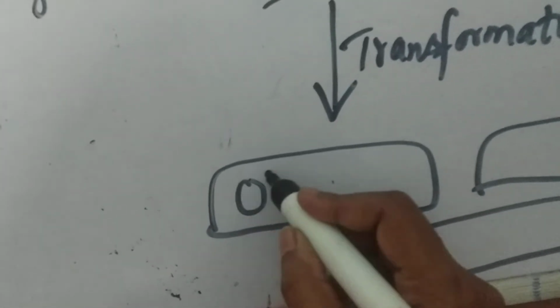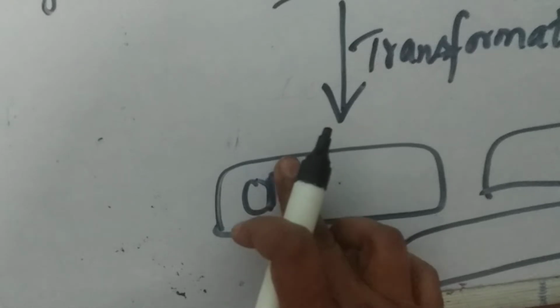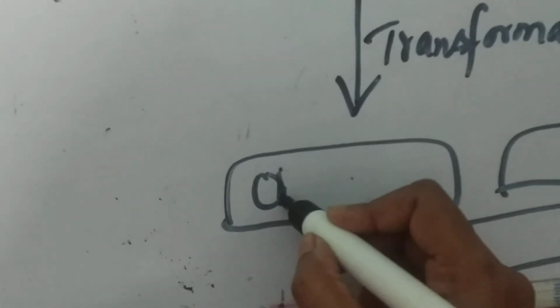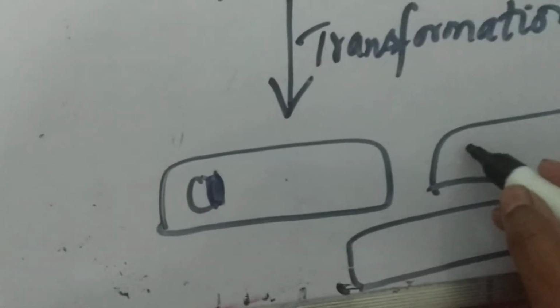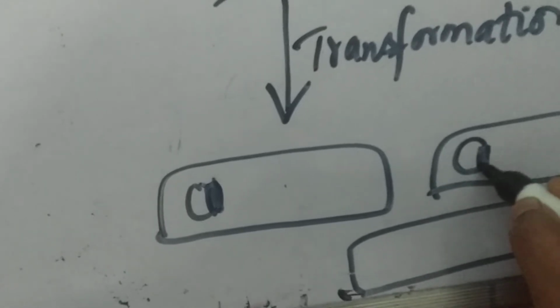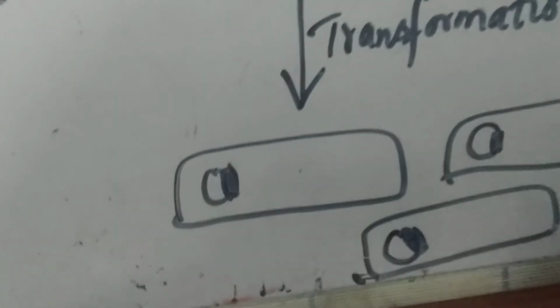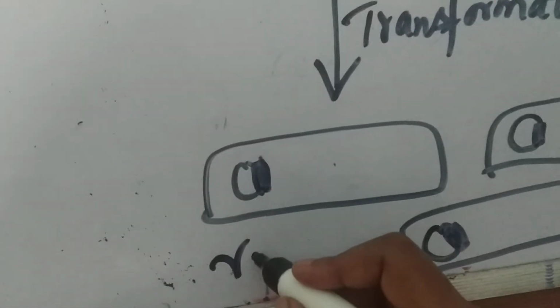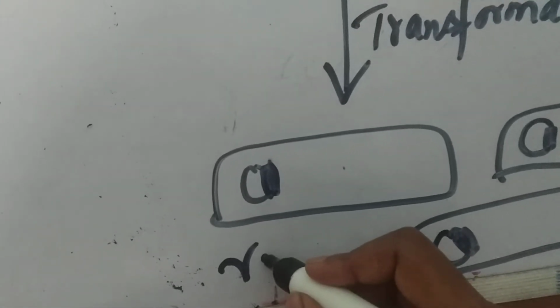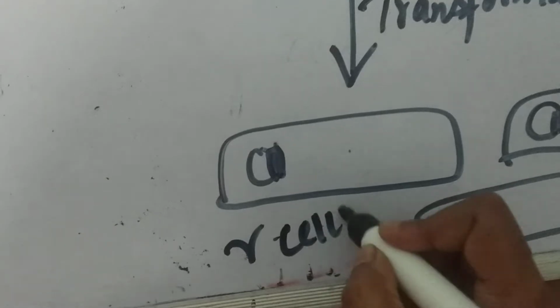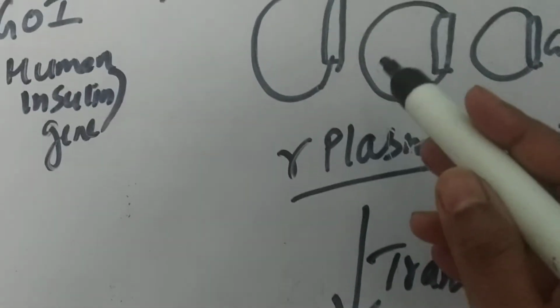I can put it into the E. coli, so that now this E. coli is carrying the recombinant plasmid. I have put this plasmid with the gene of interest into the bacterial cell.